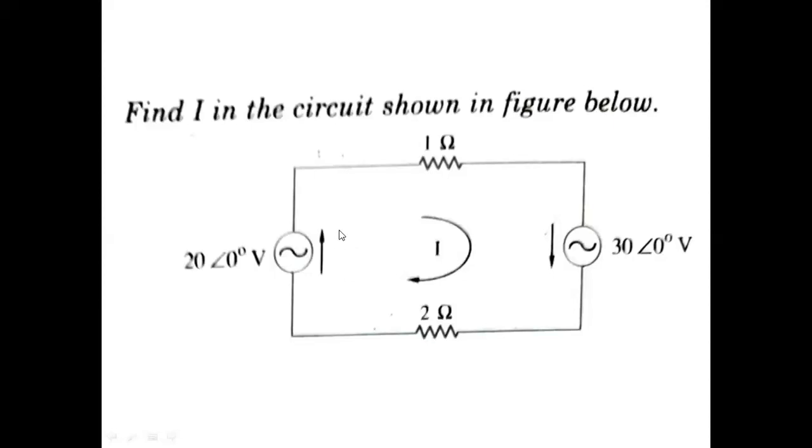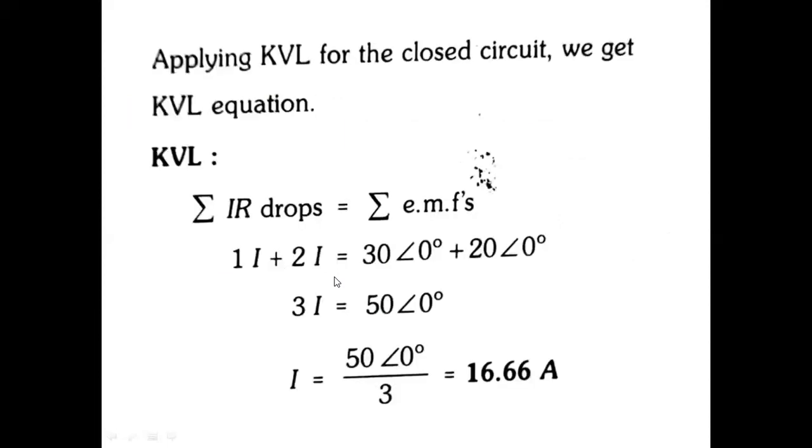Minus 20 plus 30, so minus 10. Minus 10 at an angle 0 by 3. That is I.